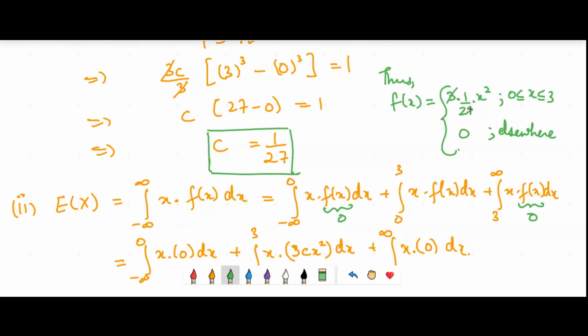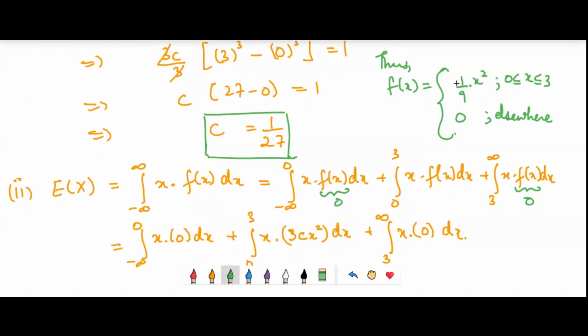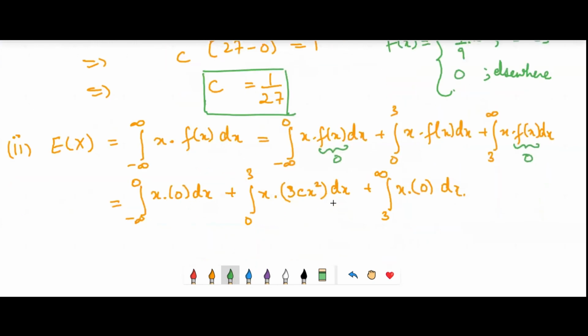So after calculating, this would be 1 upon 9. So instead of 3c, I'll just write here 1 upon 9 into x squared.